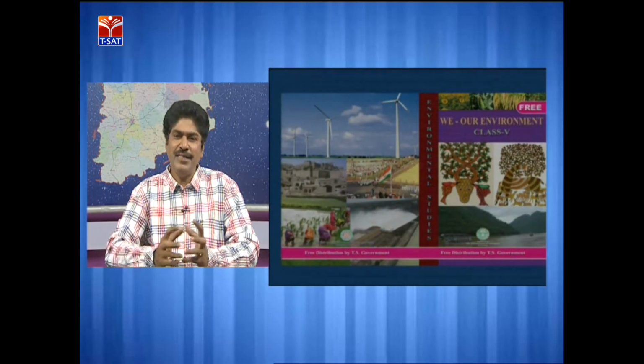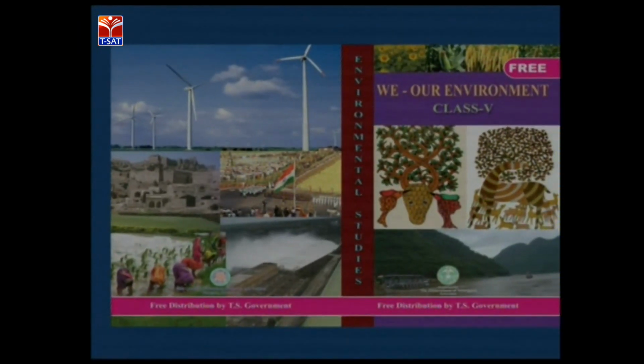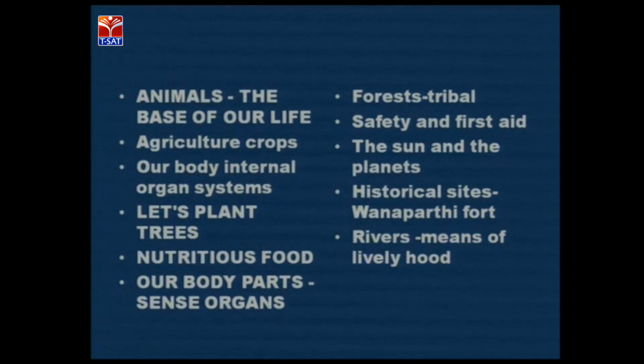And dear student teachers, use English for classroom purposes, and let us see how to transact subject matter, that means content, in English. See, this is our Environment class 5 textbook, and these are the lessons based on some themes.